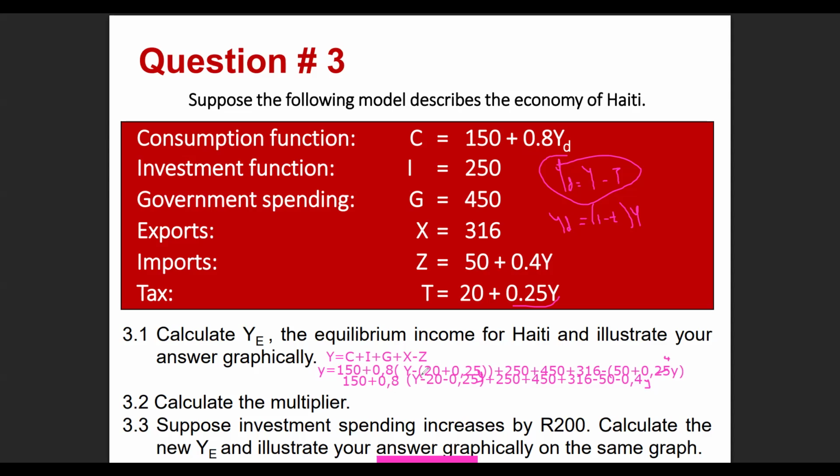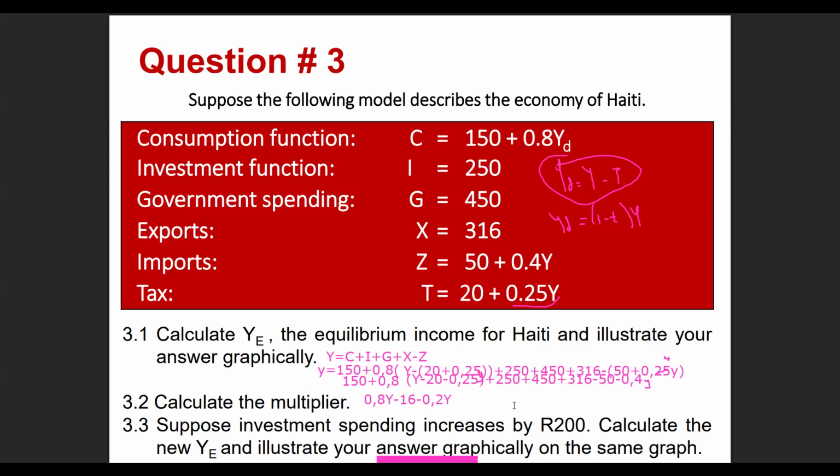So 0.8 times Y, you're going to get 0.8Y. Then 0.8 times negative 20, you're going to get minus 16. And 0.8 times negative 0.25Y, we get negative 0.2Y.